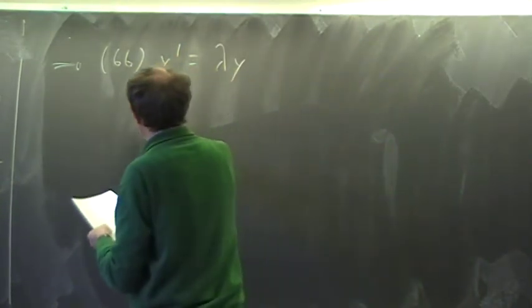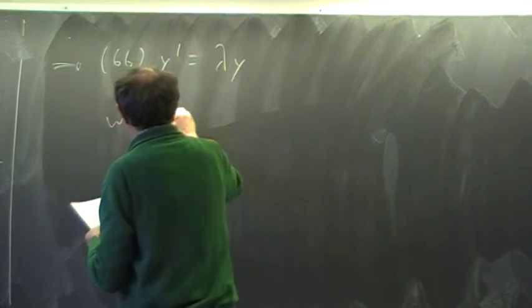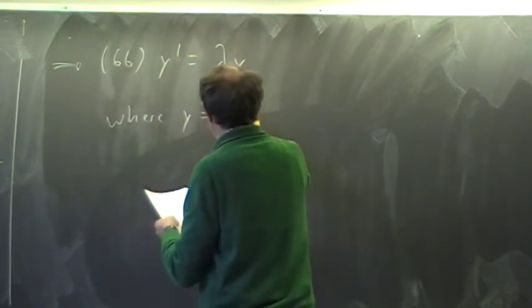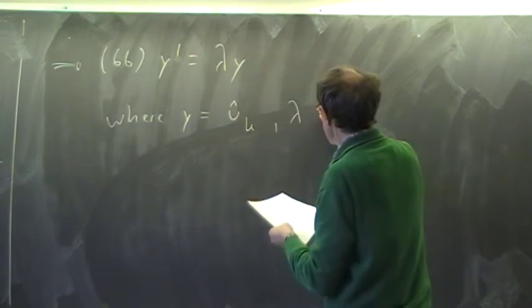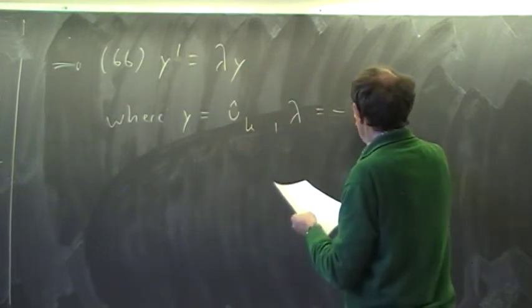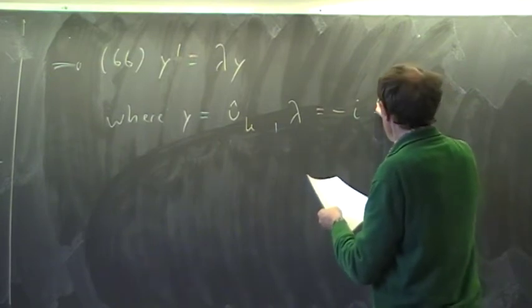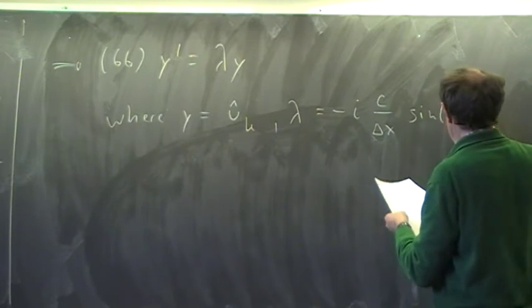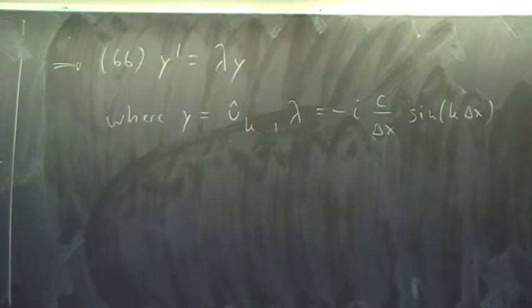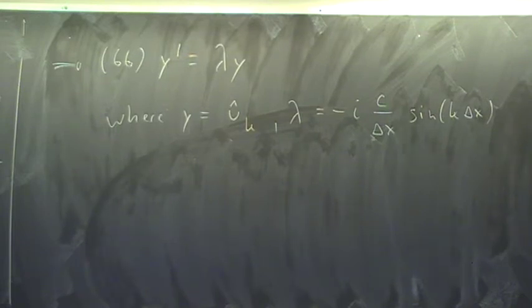In our case, the y is the amplitude of the Fourier mode, and the constant is now imaginary, minus I c over delta x times the sine of k delta x. But otherwise it's just the same. So now we can study the stability for the test equation for this problem.